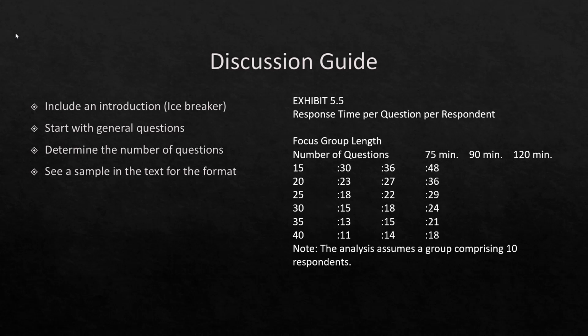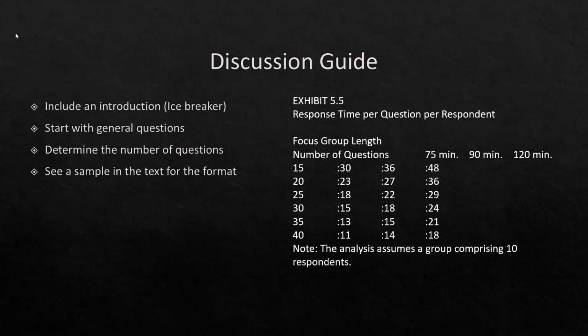Typically you don't jump into the brand your client is interested in. You start with general questions. If you talk about a water brand, like Smart World brand, you talk about the consumer, the shopping behavior, the drinks in general, alcoholic and non-alcoholic beverages, and you narrow down from a very broad category to the bottled water category, and then figure out the number of questions.